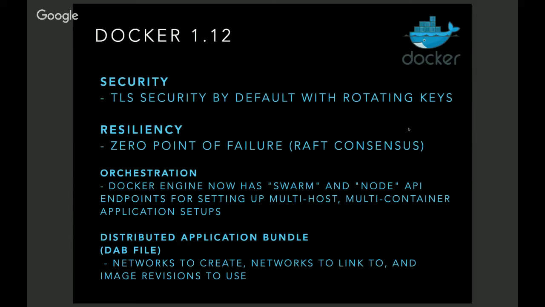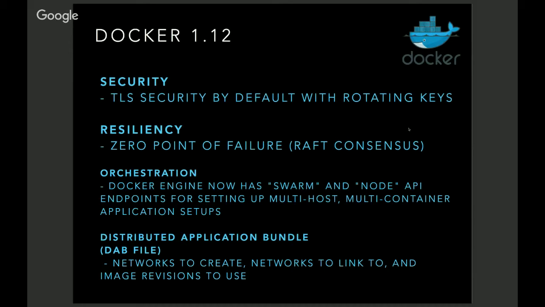Now you'll have TLS security on by default, with a rotating key setup, where I think you can have it as low as every 30 minutes. When you set up the initial system, I think internally you're your own certificate authority, and then you can add external certificate authorities if you want to.